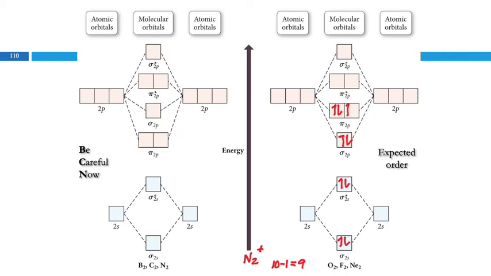And so to calculate the bond order, we're going to look at the bonding orbitals, which is this one, and this one, and this one, and see that we have 2, 4, 6, 7. 7 in the bonding orbitals. And this is the anti-bonding orbital. There's 2 there. So 7 minus 2 divided by 2. So that's 5/2, or 2.5.